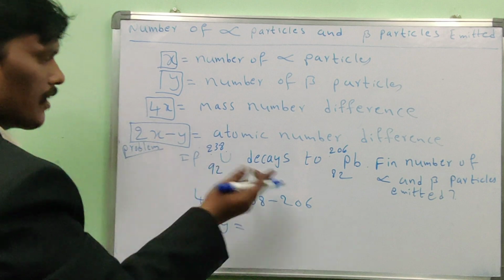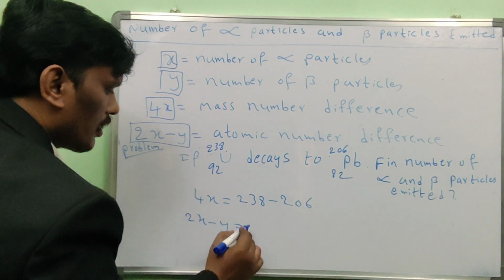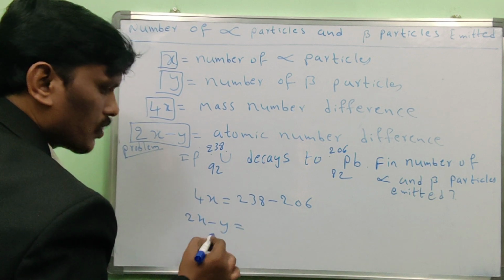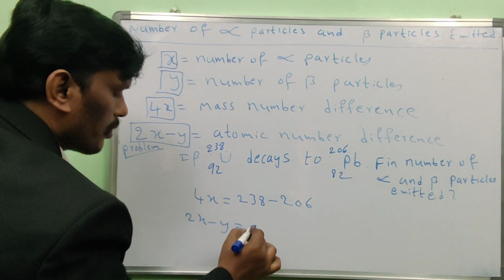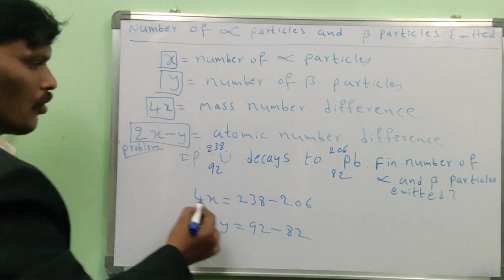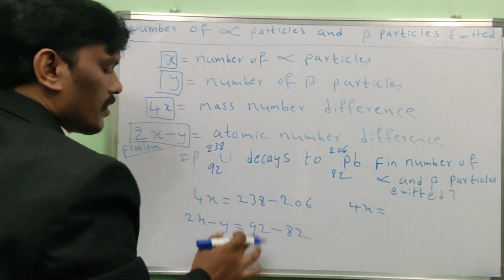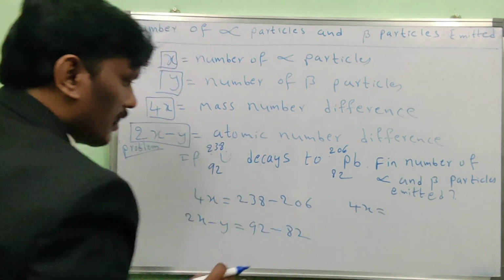Atomic number difference in the given problem. What is the mass number here? 238. And here? 206. The mass number difference is 238 minus 206. Next, 2x minus y is the atomic number difference. In the given problem, this is 92, this is 82. So the atomic number difference is 92 minus 82. What is the 4x value from here? 4x is equal to 238 minus 206. Just subtract it, you are going to get 32.